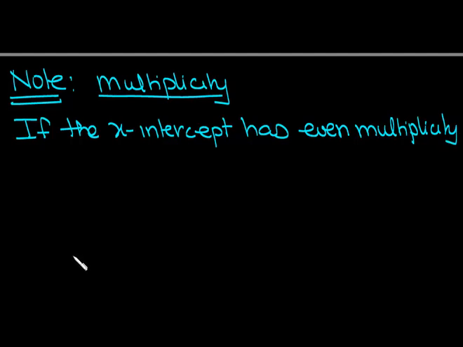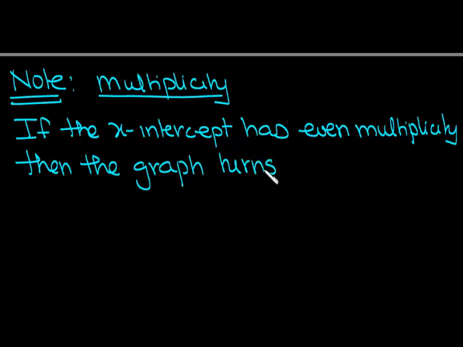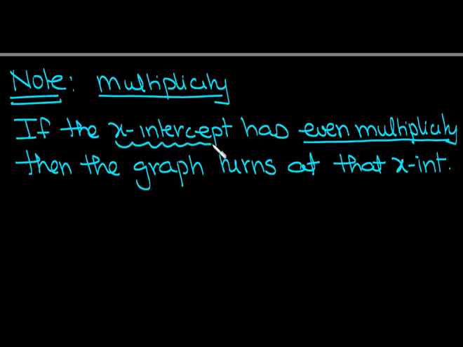If it repeats an even number of times, then the graph turns at that x-intercept. So if the x-intercept has even multiplicity, then the graph is going to turn at that x-intercept.